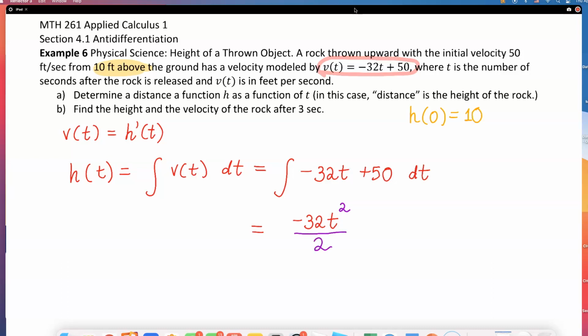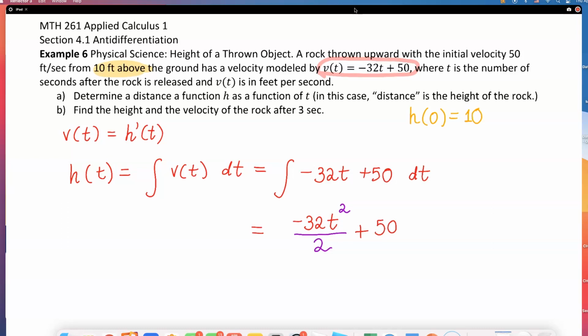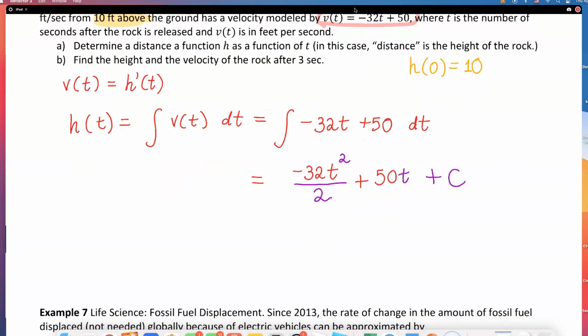Next term, plus 50 t to the first power divided by 1, it's just going to be plus 50t. And then don't forget to put the plus c. Let's simplify: negative 32 divided by 2 is negative 16, right? So negative 16t squared plus 50t plus c.